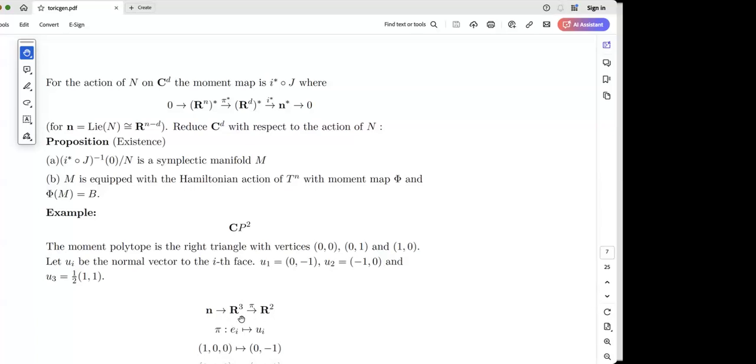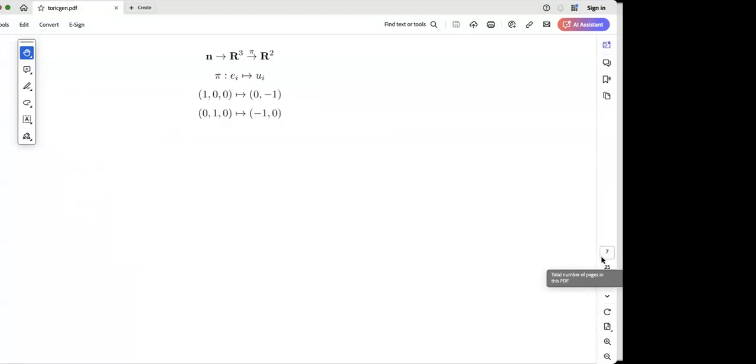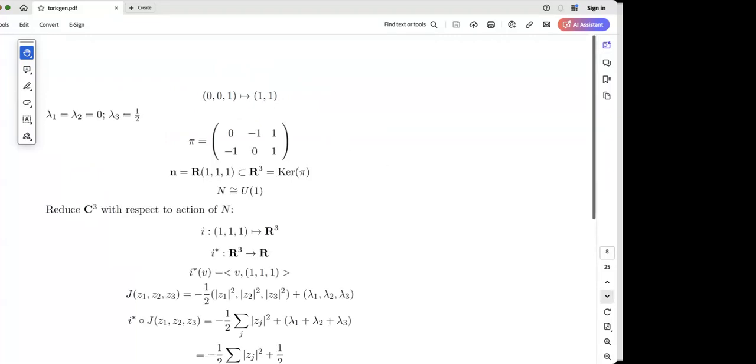So our sequence says you have script n going into R^3, going into R^2. So pi sends e_i to u_i. So (1, 0, 0) goes to (0, minus 1), (0, 1, 0) goes to (minus 1, 0), and (0, 0, 1) goes to (1, 1).